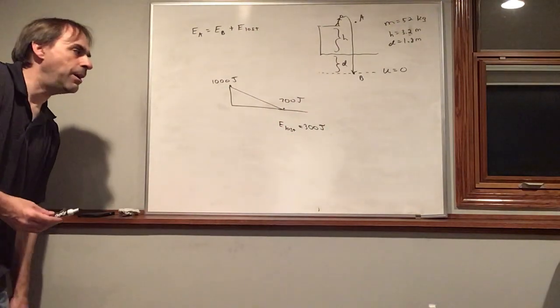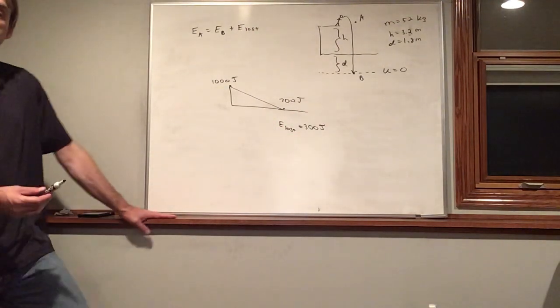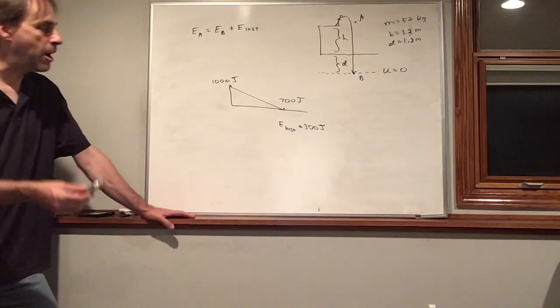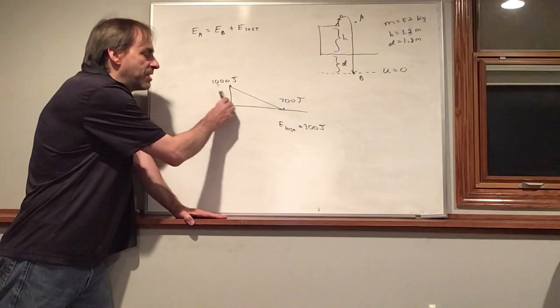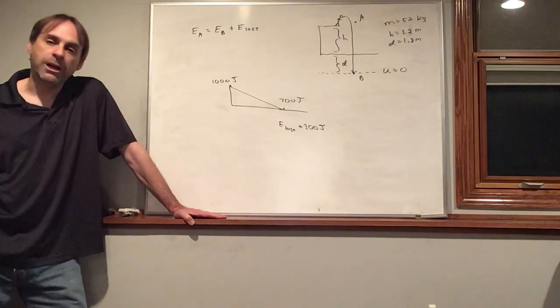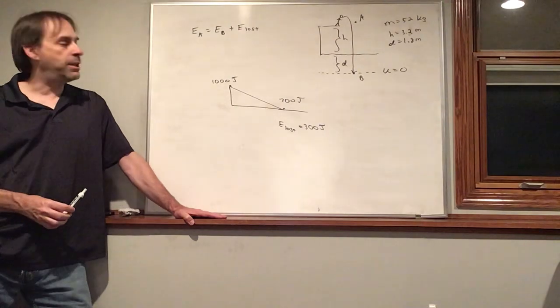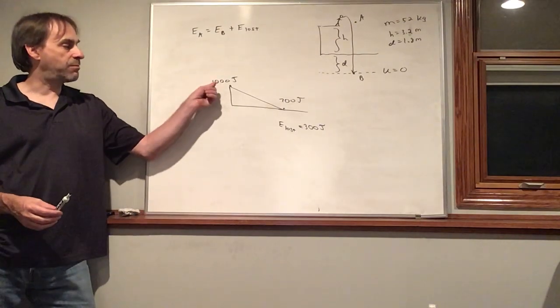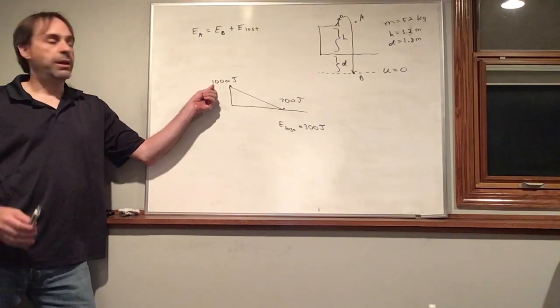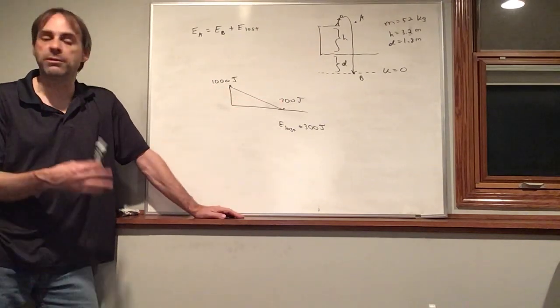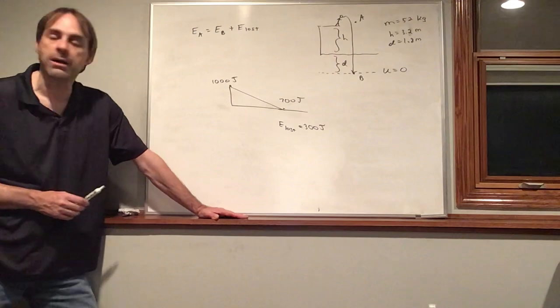Figuring out how much energy is lost could be a difficult thing. If I was giving you a problem like this, I would just tell you that 300 joules was lost on the way down the ramp, and then you can figure out, if you know how much you started with, that you have 700 joules of mechanical energy at the bottom.